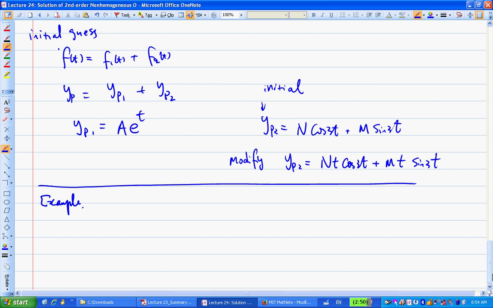Okay, so let's pick a good example. Let's try to solve this one here: y double prime plus 4y equal to e to the t squared. Alright, first the characteristic equation.